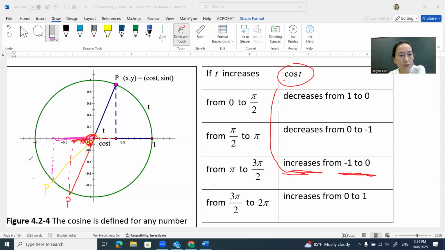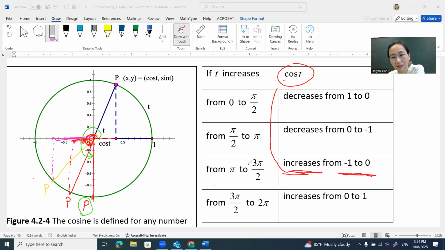That is, when your point P is here, that corresponds to 3 pi over 2. If we draw, indicate the t is here, when the t is 3 pi over 2, the x coordinate of this point will be 0. That is cosine t. Cosine t is 0.